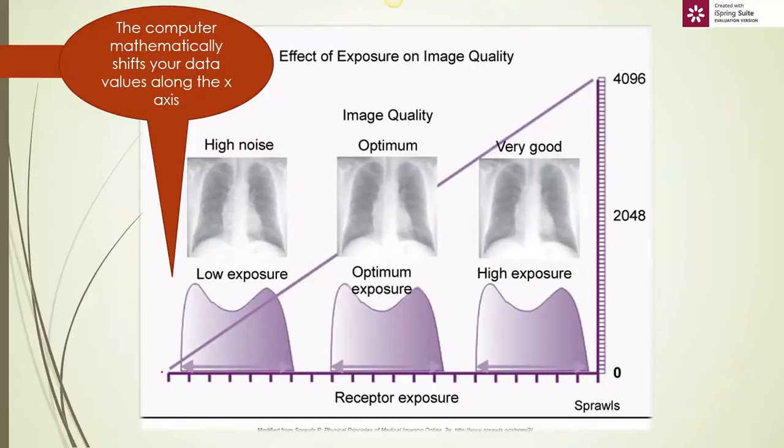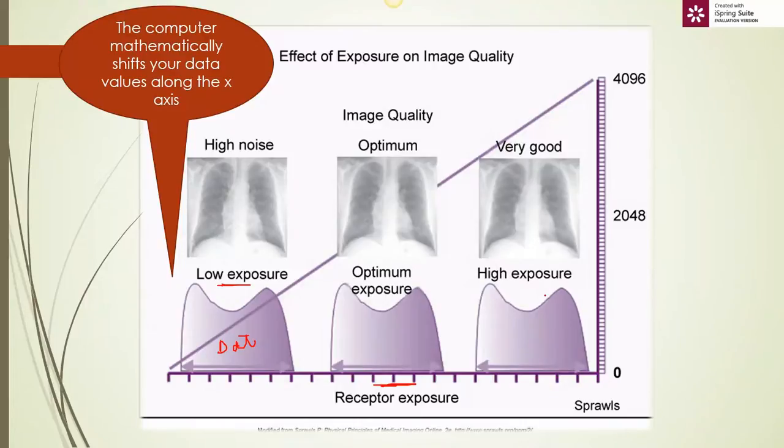So what's going on here? We have the histogram. Here's your distribution, here's your data. But the data is on the low end of the continuum because you had an underexposure. In essence, it says, I want it over here, so it takes all of the data and mathematically shifts it over there. Here you have evidence of overexposure, a high exposure.